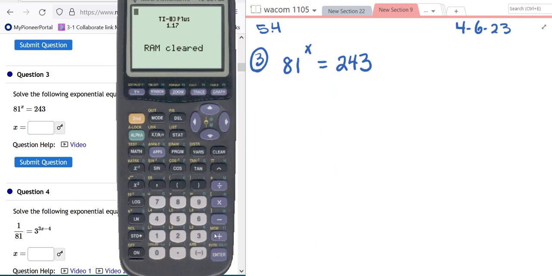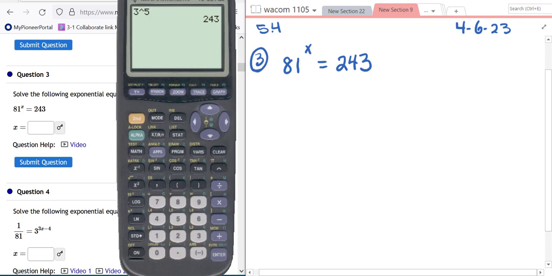Because you need the same base. So if I try 3 to the 5th, that will give me 243. So that is going to work. So the 81 I will do as 3 to the 4th. And 243 as 3 to the 5th.